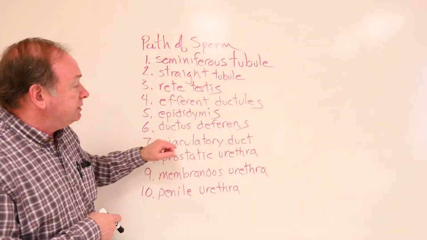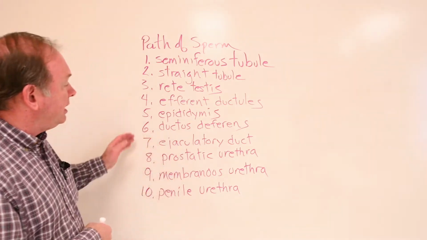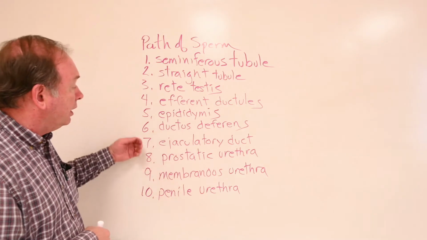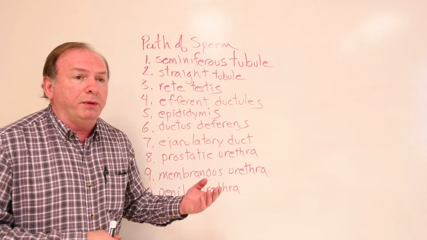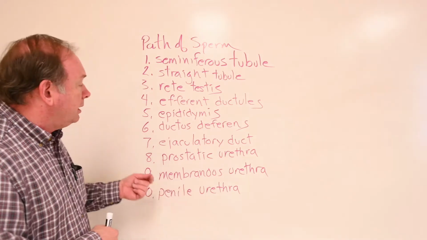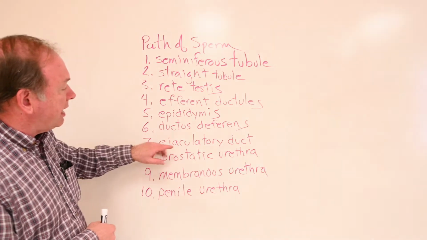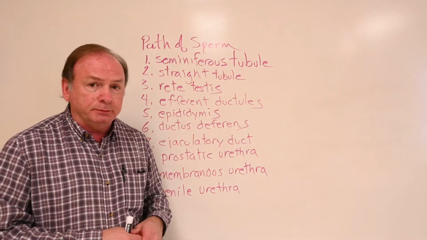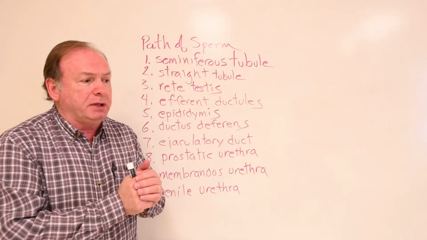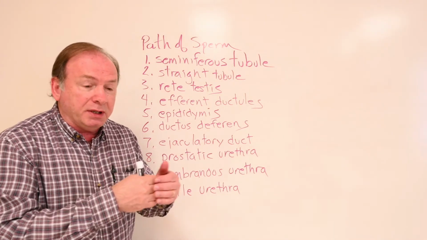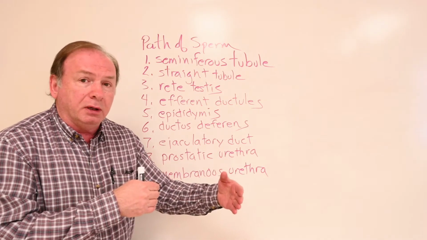That's where it begins. It then passes up into the body cavity and circles around to a position behind and below the urinary bladder, where it connects to the urethra. That last segment of the ductus deferens is called the ejaculatory duct. It is between the seminal vesicle and the urethra in the prostate.